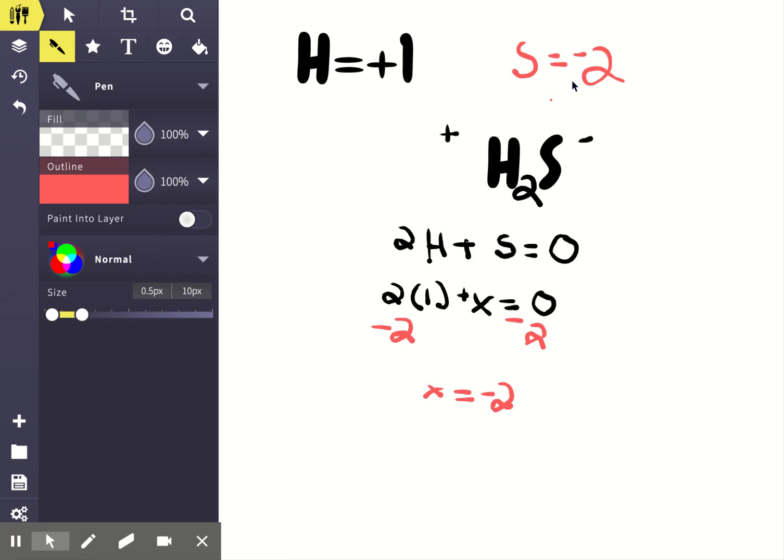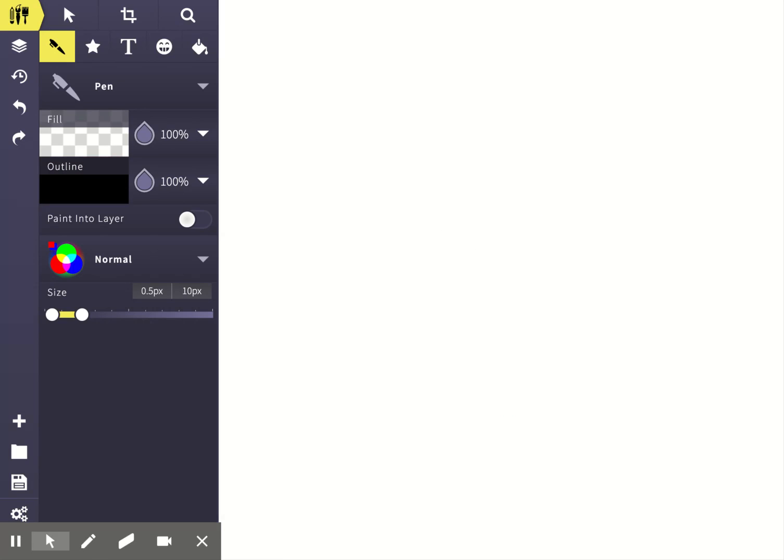Now we're going to talk a little bit more about polyatomic ions, kind of like we did. So let's do another problem. Let's look at oxygen difluoride. Alright, so here oxygen has a slightly positive charge because fluorine is more electronegative.